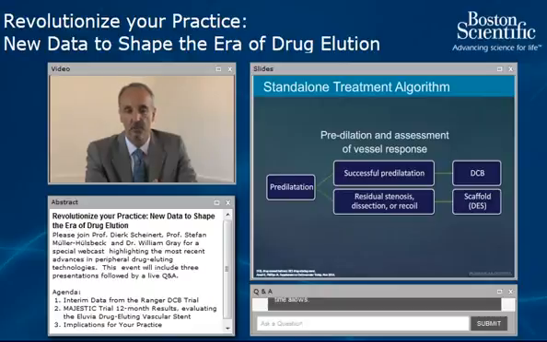Once we've made that decision, we'll go with a drug-coated balloon if we think the result can stand alone, or we'll use a scaffold like a DES for residual stenosis, recoil, and dissection. In our lab, we actually don't treat a patient that doesn't get an antiproliferative therapy. We believe strongly in this new mode of treatment.